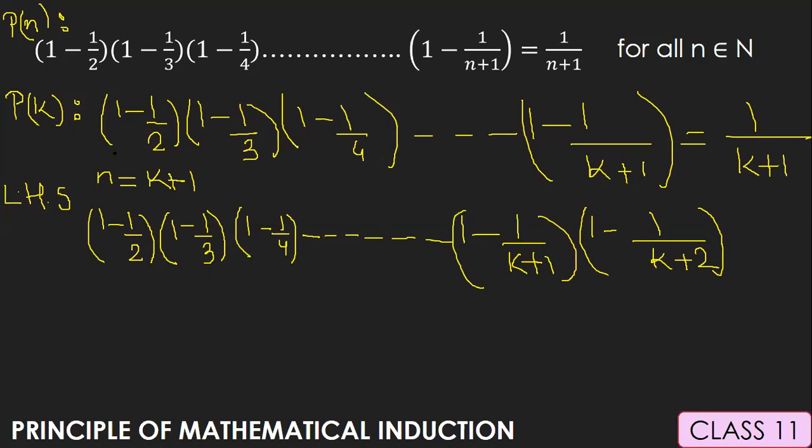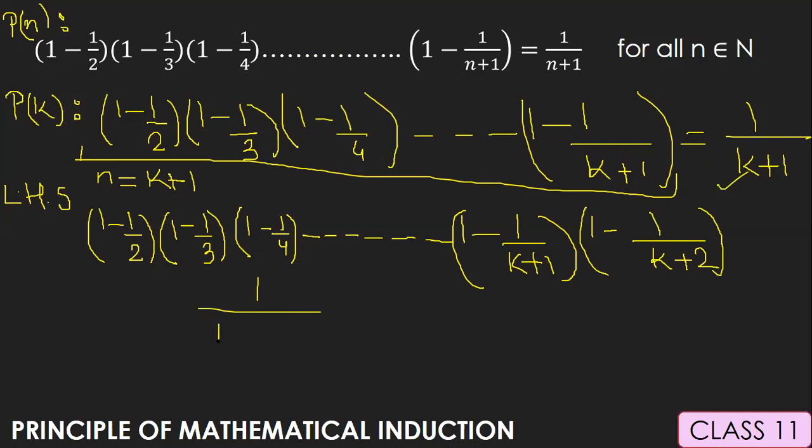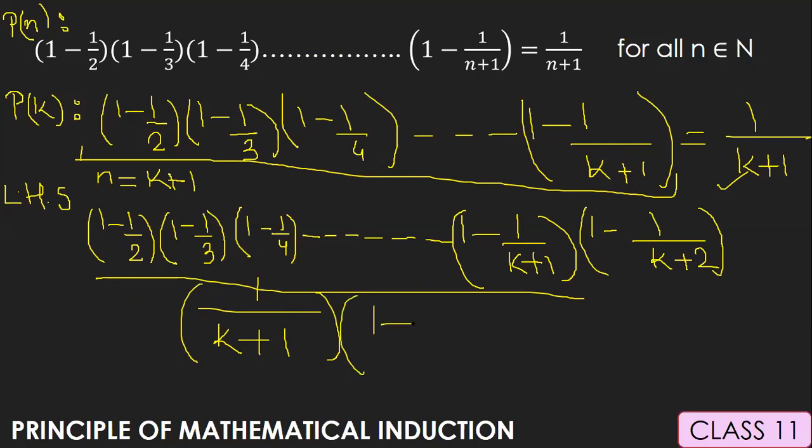As you could see in the Pk statement, the value of the product till this point is 1 upon k plus 1. So let us write this value as 1 upon k plus 1, into 1 minus 1 upon k plus 2, right? Let us solve it further.